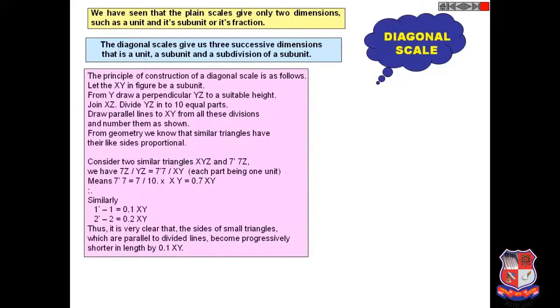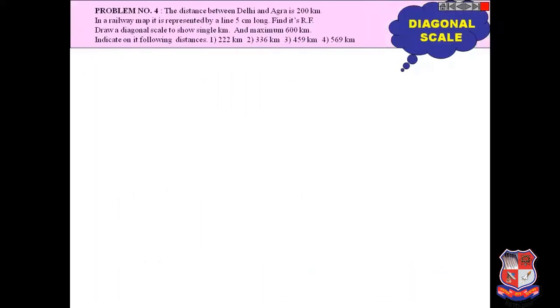So we have to start with one problem. The distance between Delhi and Agra is 200 kilometer. In a railway map it is represented by a line 5 centimeter long.